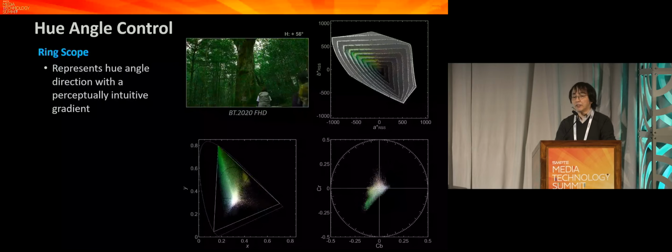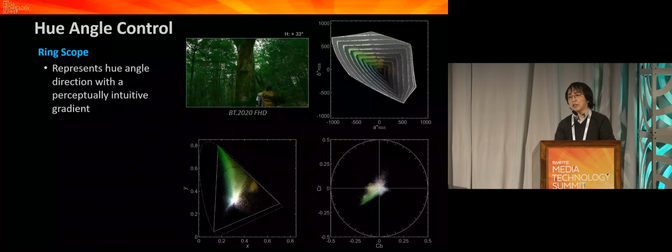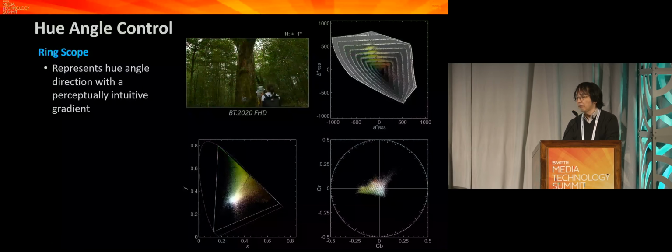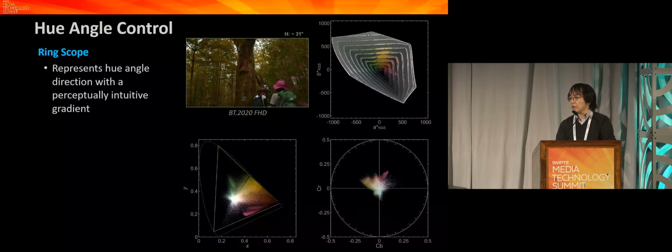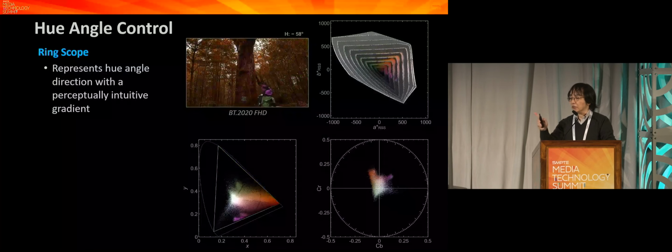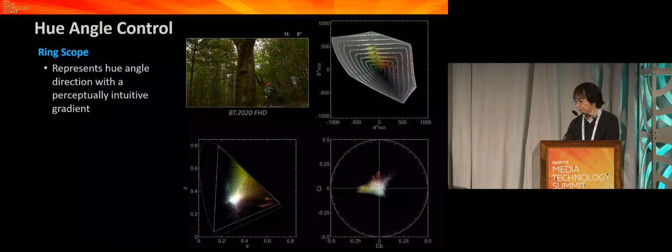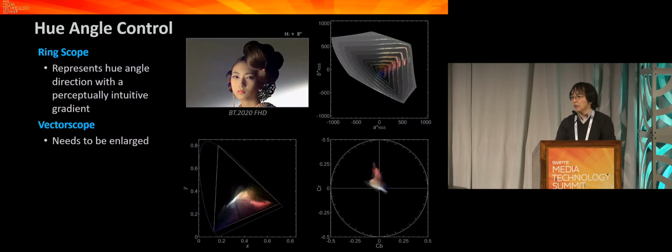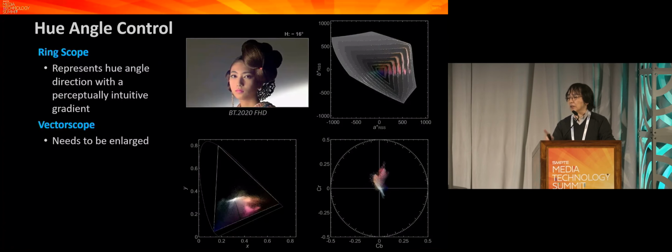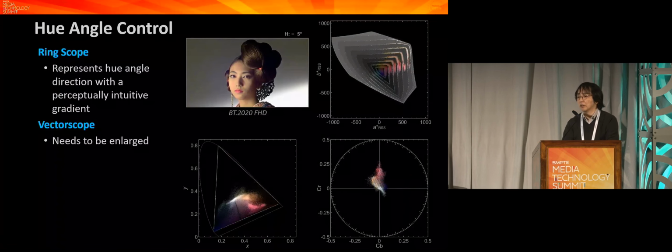In the chromaticity scope, the hue angle is a little bit ambiguous. In the vector scope, we can see the hue angle rotation, but the gradation is lost. In the case of skin tone, the vector scope shows the skin tone angle, but the distribution is very small, so we have to enlarge the scope.